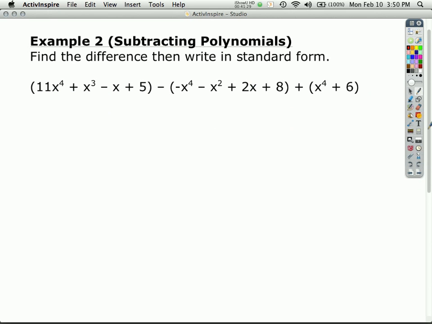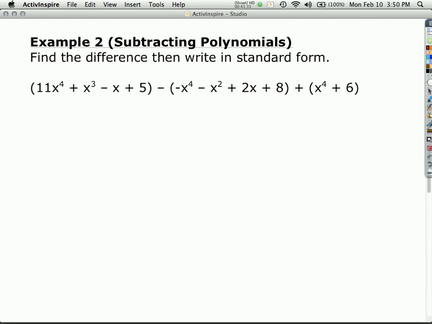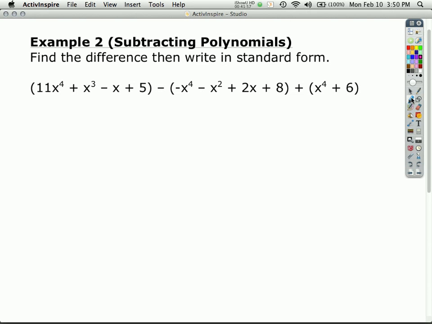Now, subtracting. Find the difference and then write in standard form, although we actually have two operations being done.